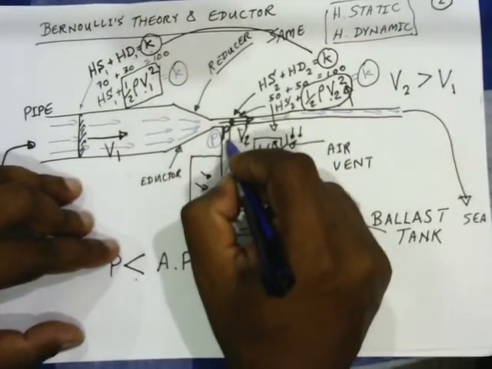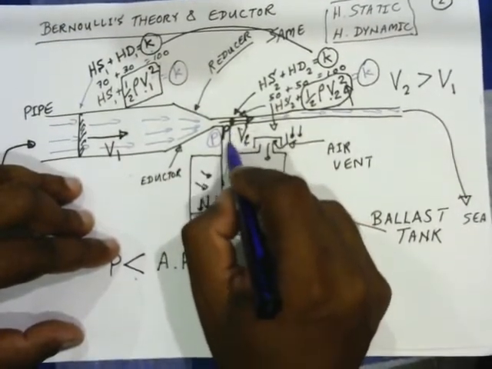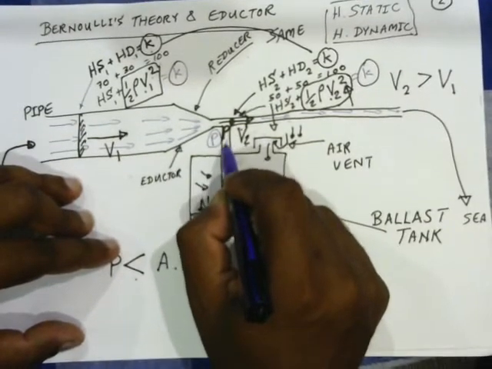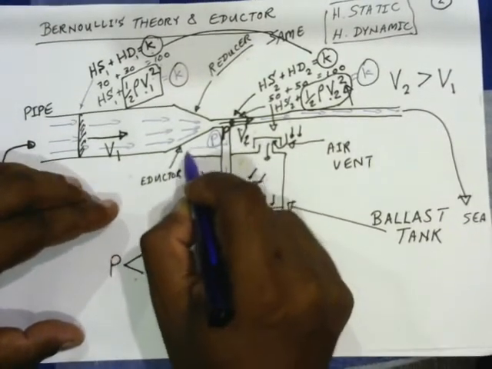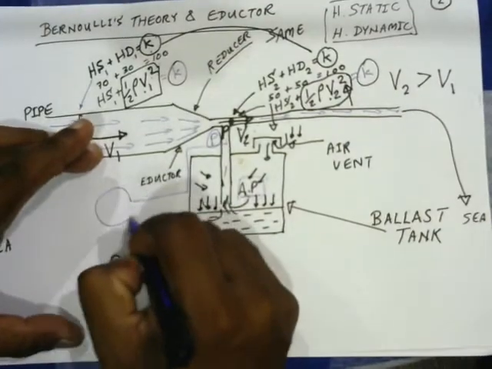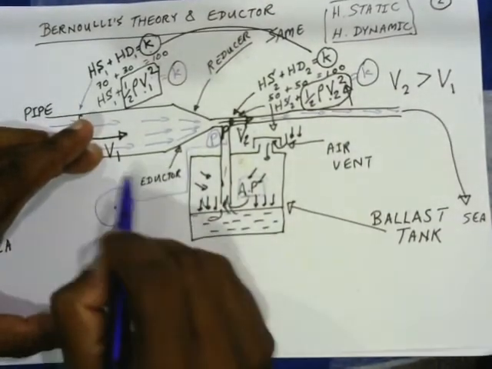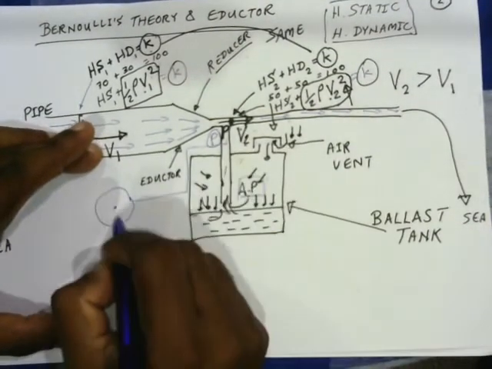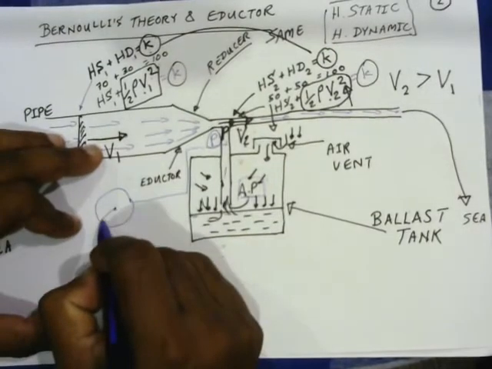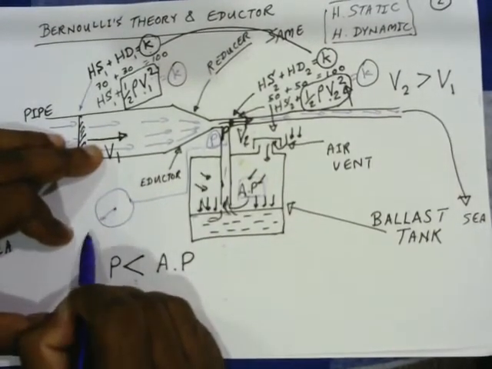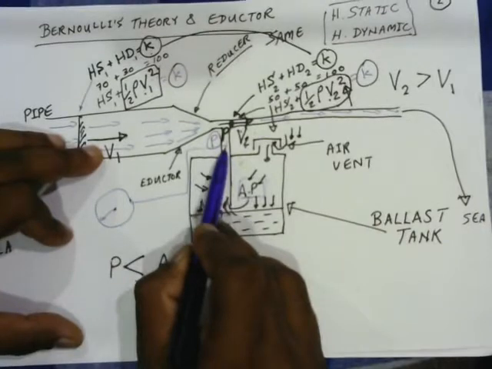That's why near the eductor there is always a pressure gauge. Somewhere here there is a pressure gauge, and it should go less than the atmospheric pressure.